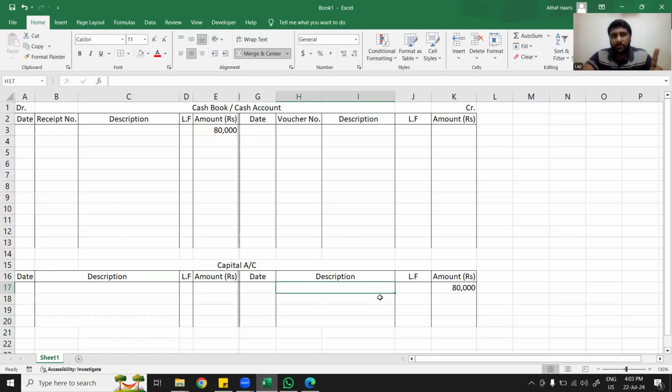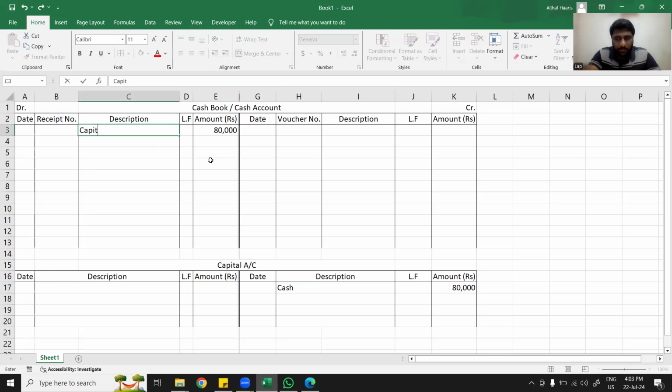We learned in the double entry chapter, chapter number 6, to switch the names. Here you write cash. Here you write capital.